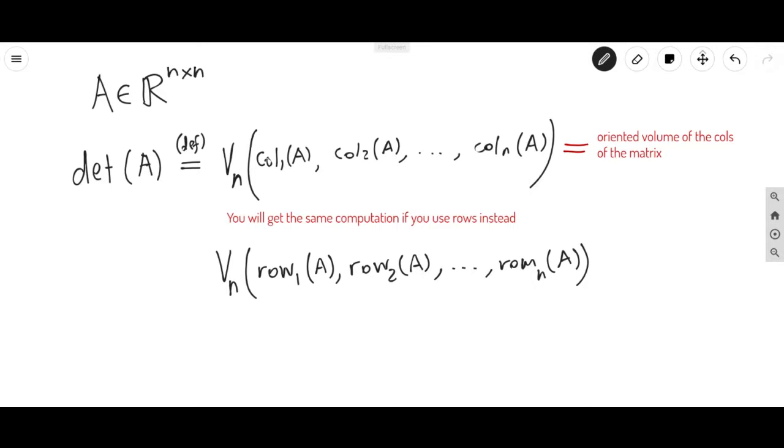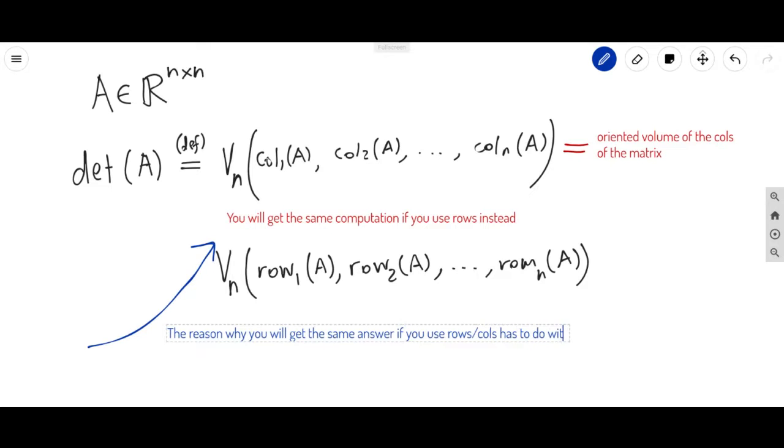The reason has to do with the simple fact that the determinant of the matrix and the determinant of its transpose are actually the same thing.